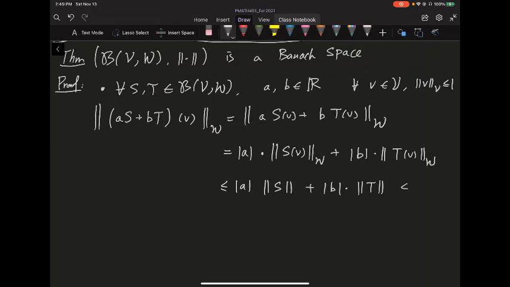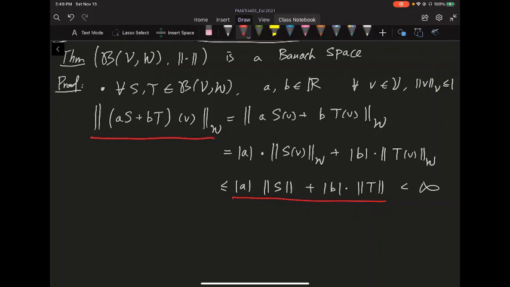The point is S and T are bounded, so when you do this linear combination, it's going to be finite. Because the value on the left-hand side is bounded above by this constant on the right-hand side, which doesn't depend on which vector you pick, as long as your vector norm is less than or equal to 1, you're always bounded above by this number.